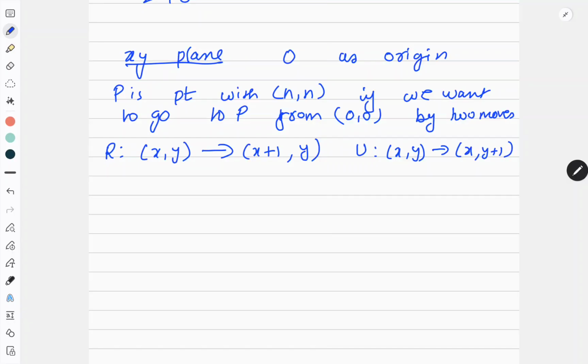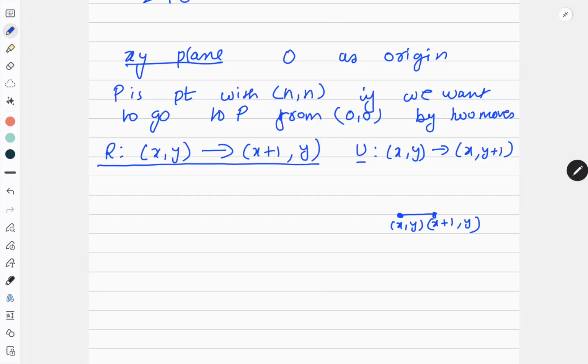Let me first explain the meaning of this. When I am writing this, it means that if you are sitting at the point with coordinate x comma y, what type of movement is possible? Horizontally I can reach x plus 1, and y will remain the same. So this move is possible like chess.